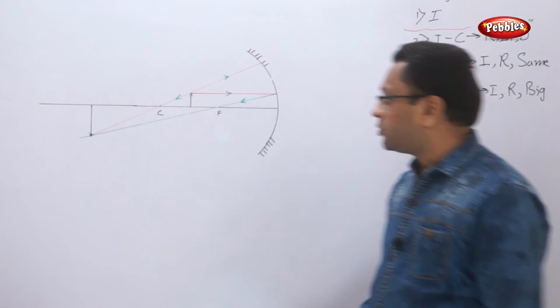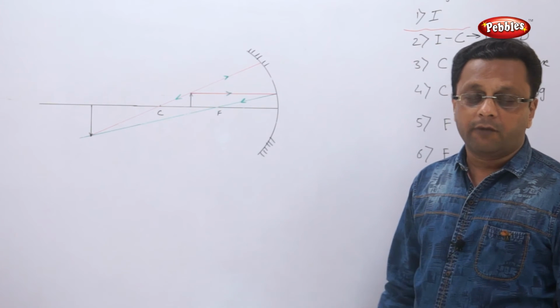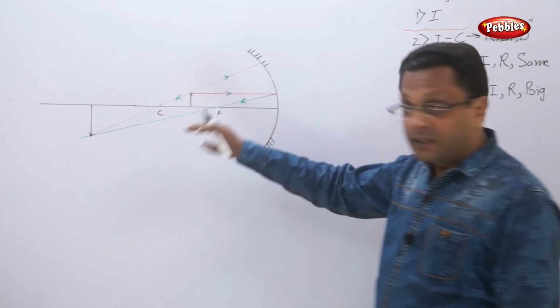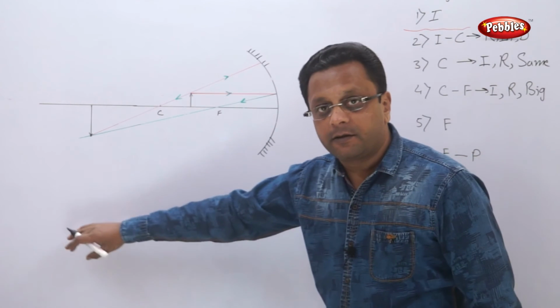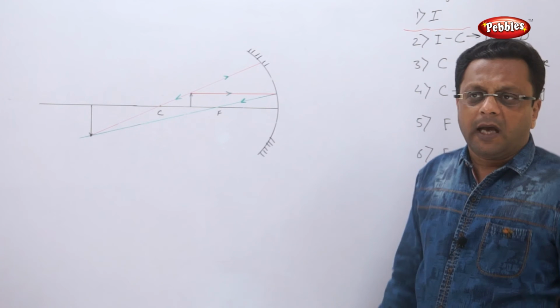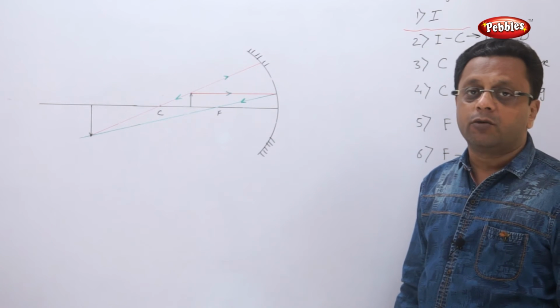So whenever the object is placed between C and F, how will the image be? The image will be magnified, that is bigger, magnified image, inverted and real. Very simple. I have not taken any measurements, I have not tried to learn the table by heart.